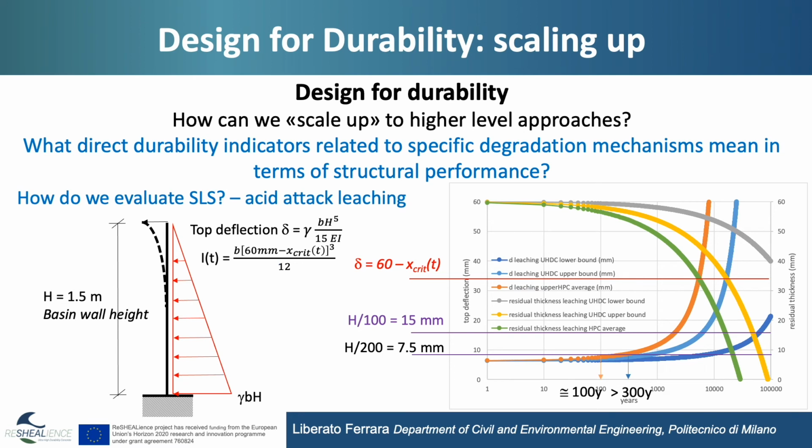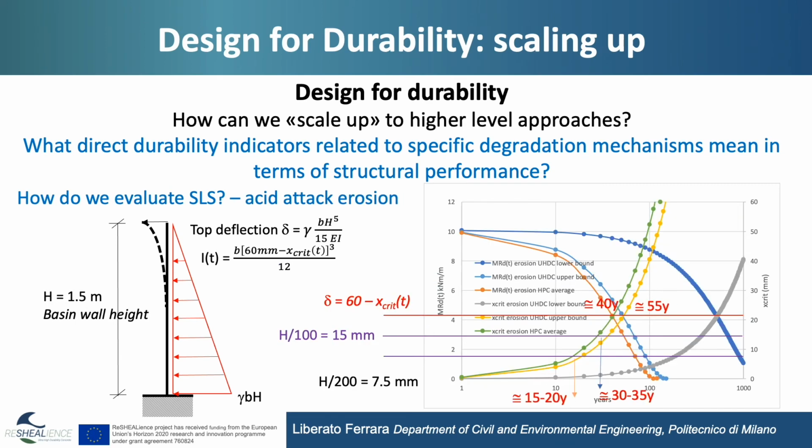And once again, you can see, this is the case of leaching, this is the case of erosion, you arrive at a level where your performance is no longer guaranteed, deflection equal to 1 over 200 or 1 over 100, at a time which is much shorter than the one that we have calculated for the ultimate limit state. So once again, the serviceability limit states are design discriminant.